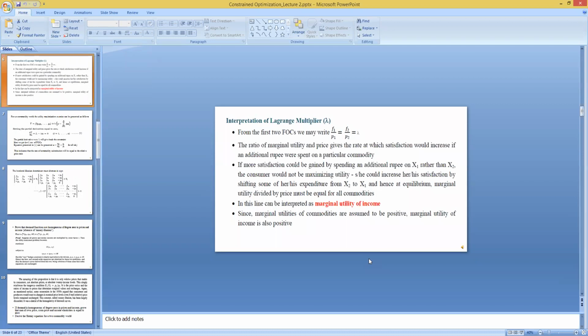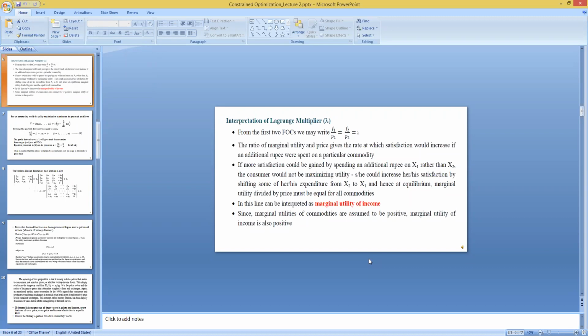So I'm repeating, you are enjoying some satisfaction from the commodity, and when you deflate it by the price of the commodity, you are trying to find out the net marginal utility out of consumption of the commodity. In other words, you are trying to find out the money value of your satisfaction. In that sense, we call lambda here the marginal utility of income, the marginal utility of the money we are spending.